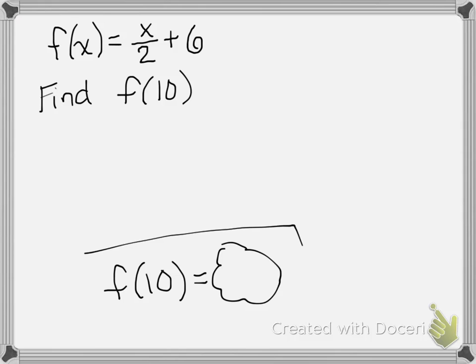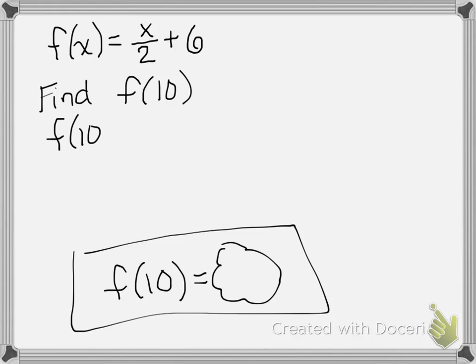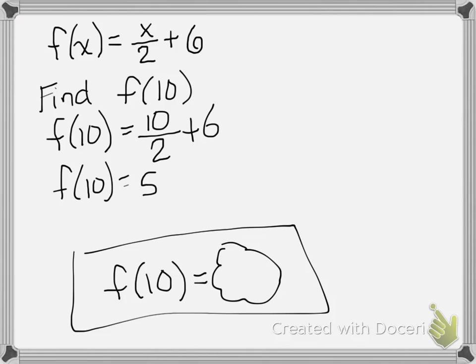You have to have this whole thing. That's function notation. Okay, so I'm going to put the 10 in where the x is in the function, which is on the right hand side. So f of 10 equals 5 plus 6. So f of 10 equals 11.